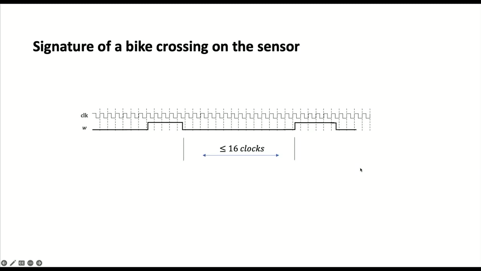So it won't be 2 unicycles because they can't be that close. Whether or not it's a squirrel jumping up and down on the sensor or in between the sensor, we don't know, but this is our spec.